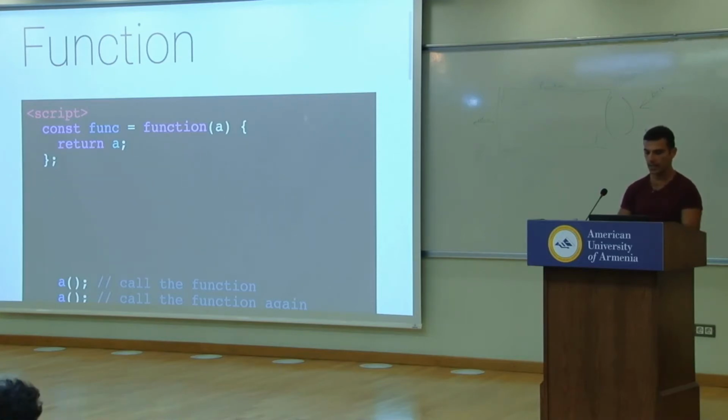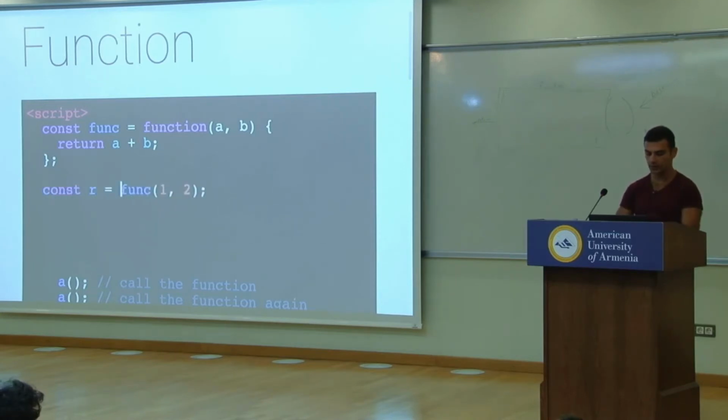Instead of just taking an a, let's give it an a and a b, and let's return the result of adding a plus b. Now if I do func 1 and 2, this will turn into 3. Make sense? Okay, now let's do a longer equation.